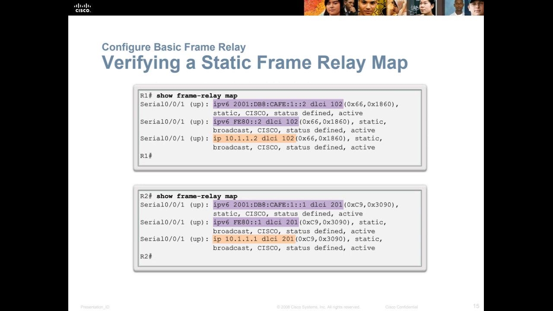Now this is the command to troubleshoot and verify, which is show frame relay map. It will show you on the router what is configured. So on router 1, I have one static map to router 2. On router 2, I have a static map, DLCI 201, mapping to router 1.